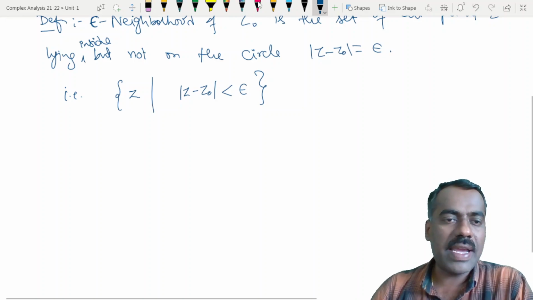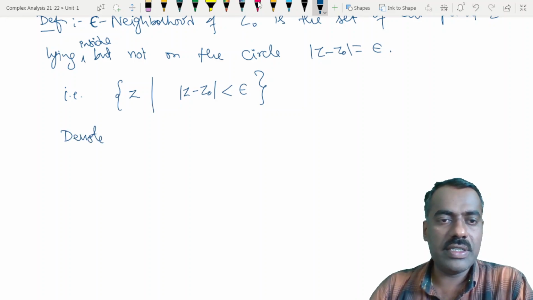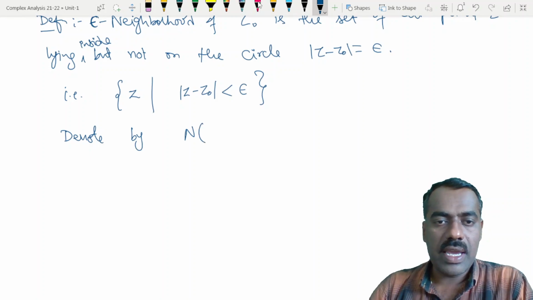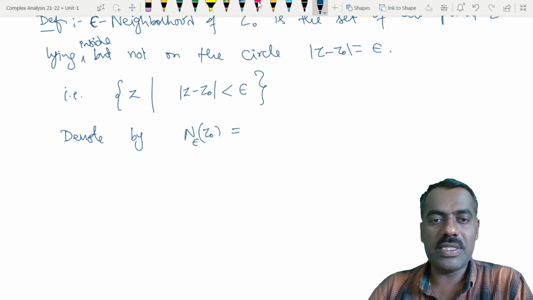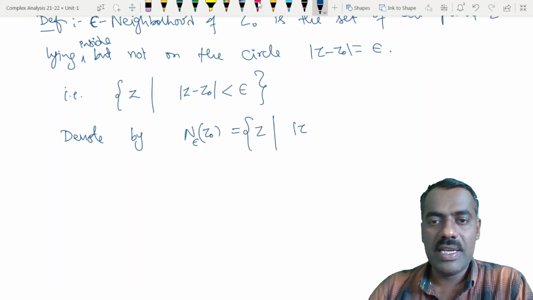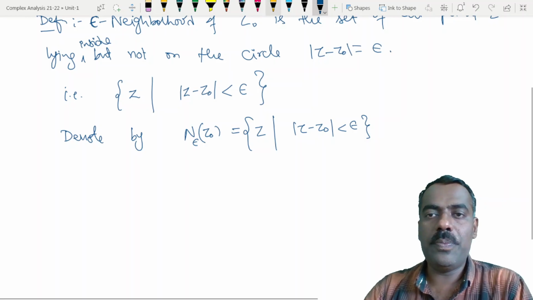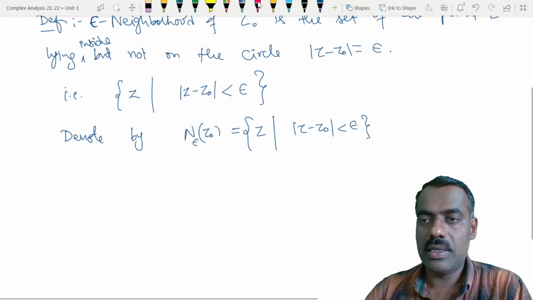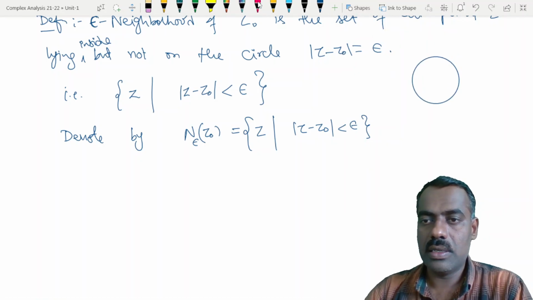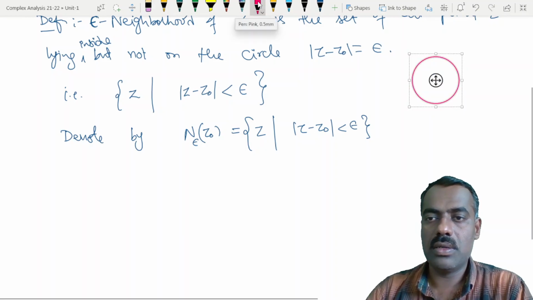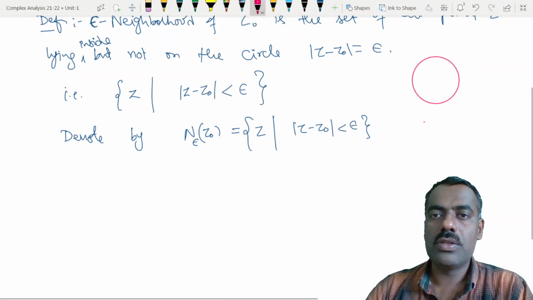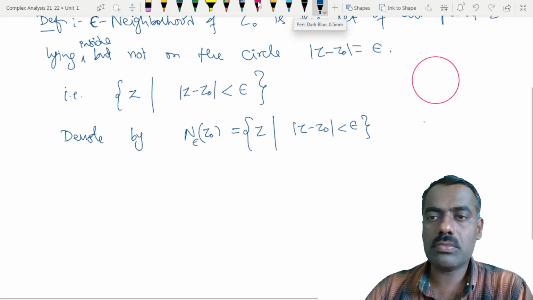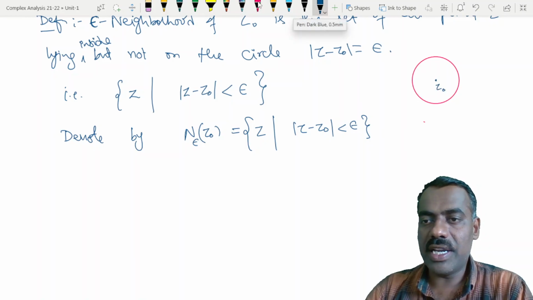We will denote this neighborhood by N epsilon of z naught. That means this is nothing but all points z such that mod z minus z naught is less than epsilon. If we draw a picture here, the center point is z naught, and this much is the radius epsilon.